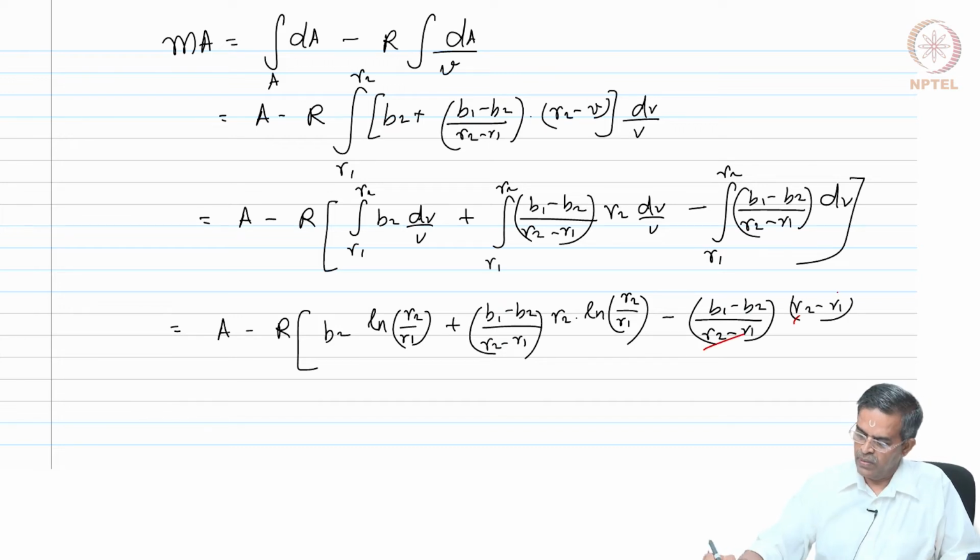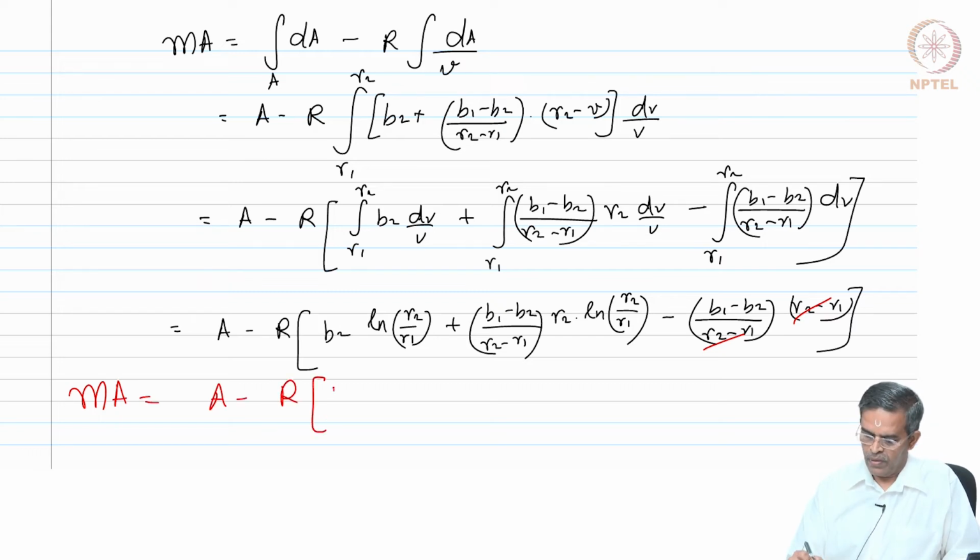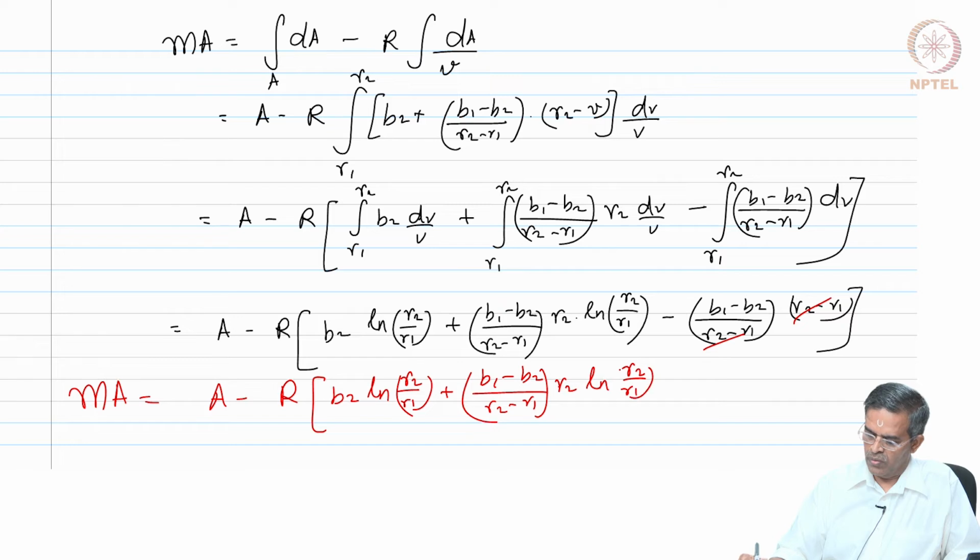This gets cancelled. So, now I get this value as MA equals A minus R times of B2 ln R2 by R1 plus (B1 minus B2 by R2 minus R1) of R2 ln R2 by R1 minus (B1 minus B2).